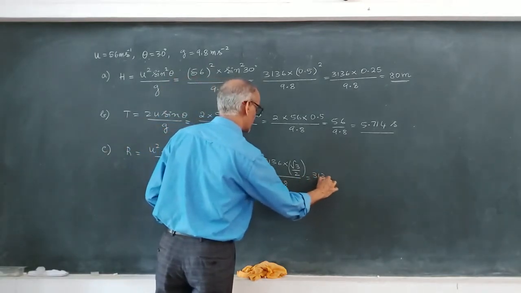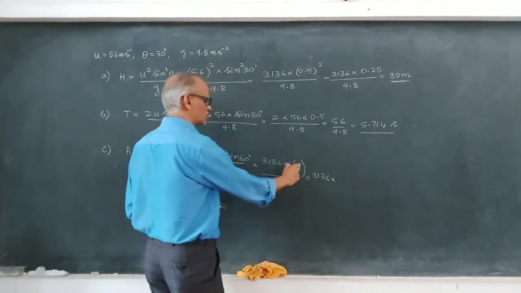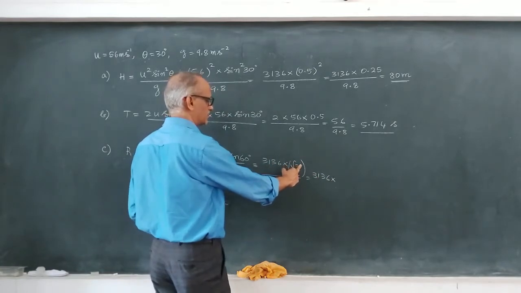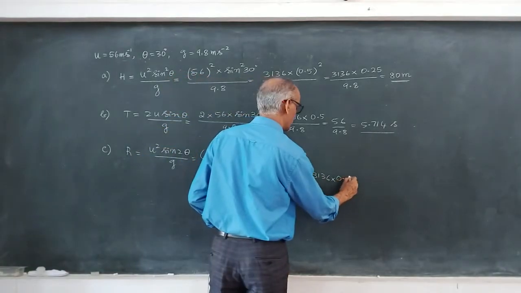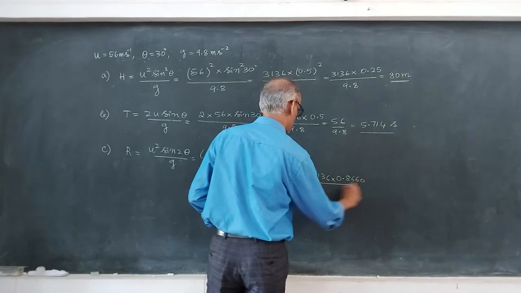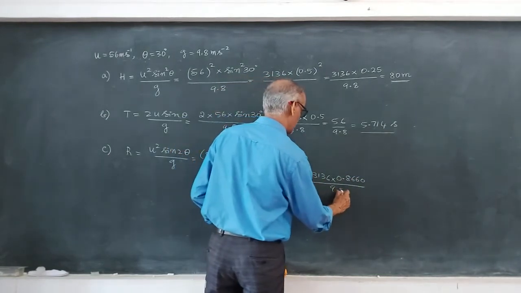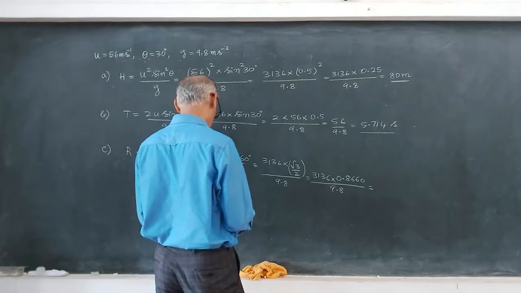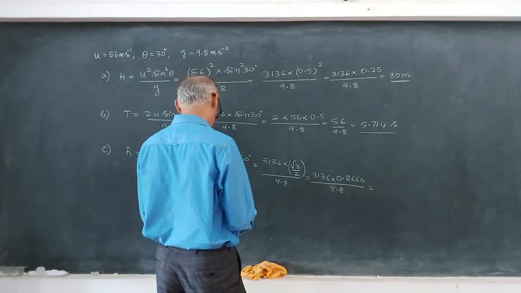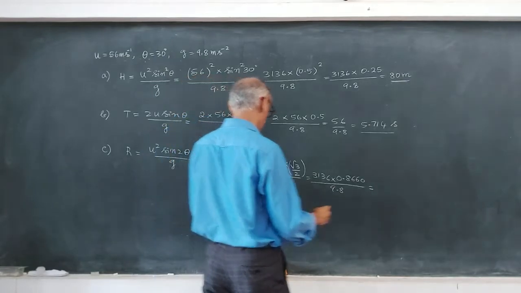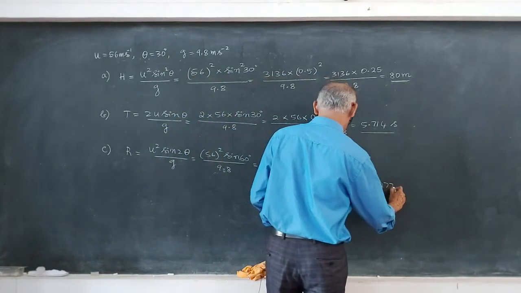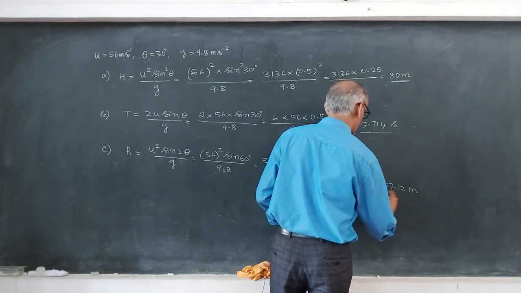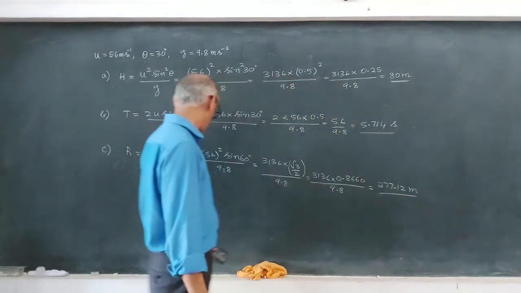So this is 3136 into root 3, which is 1.732, divided by 2, which gives 0.8660, by 9.8. So 3136 into 0.8660 divided by 9.8 is 277.12. It's a horizontal range that we are calculating, so it's in meter.